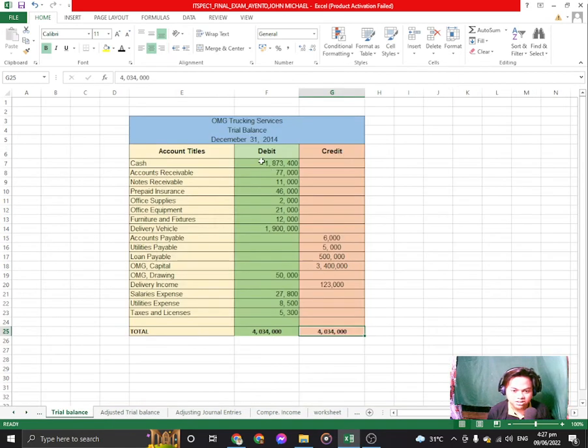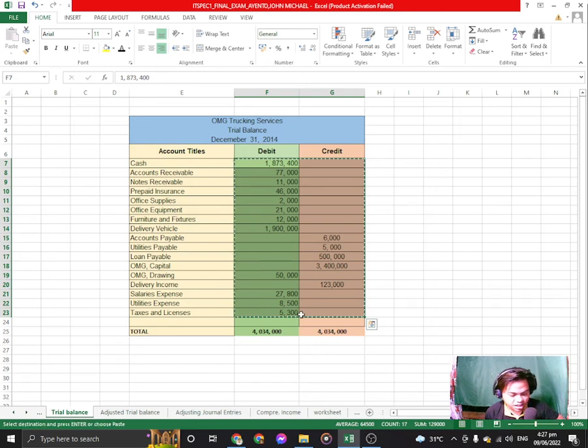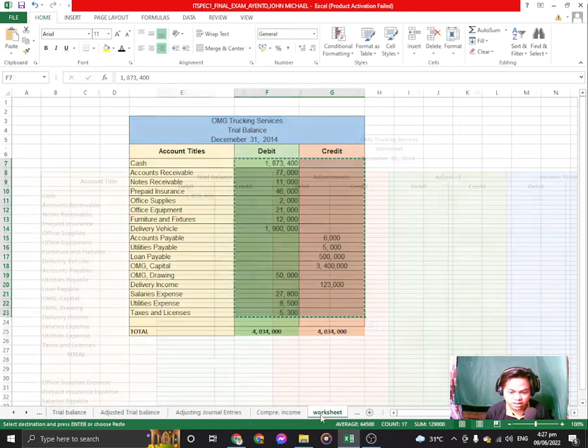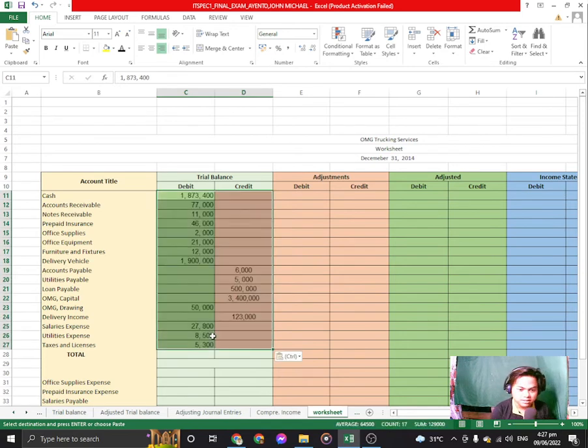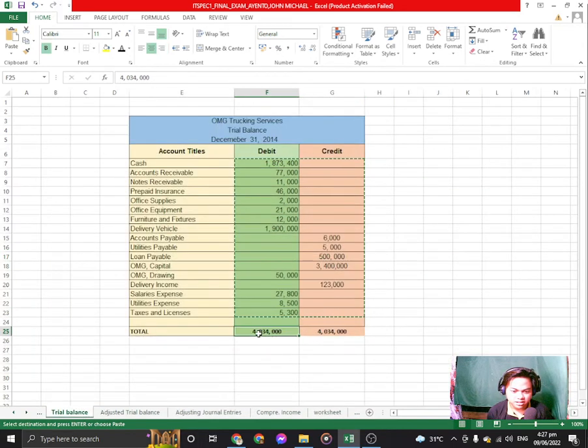Okay, kini siya. Copy na to ni siya. Itong trial balance atong dalon din sa itong worksheet. Okay, perfect na. So, play total ato kaganina sa itong trial balance.